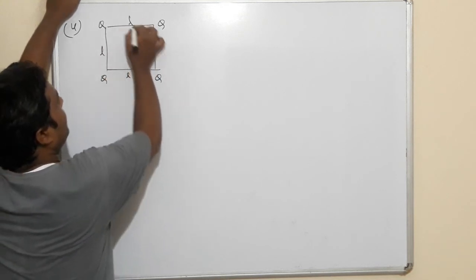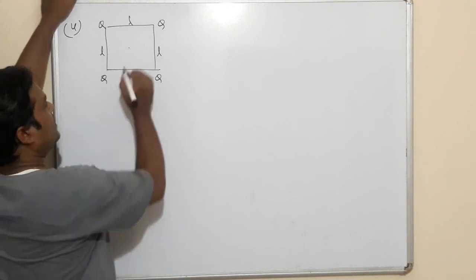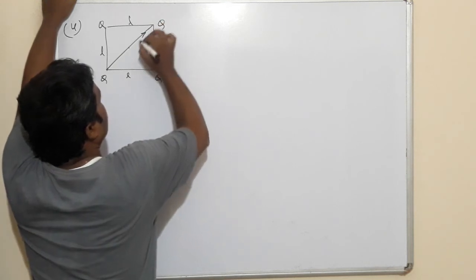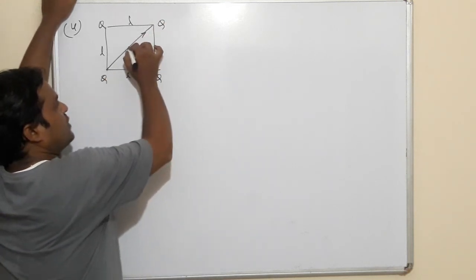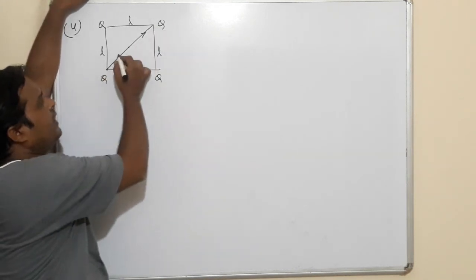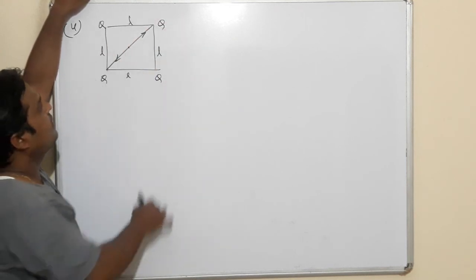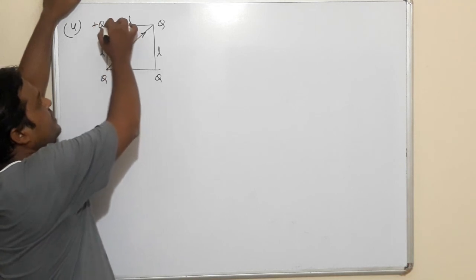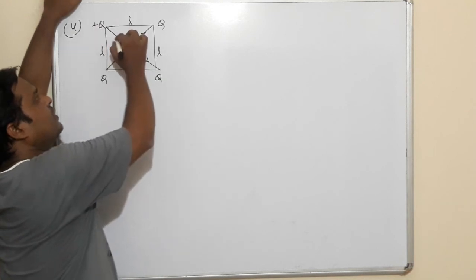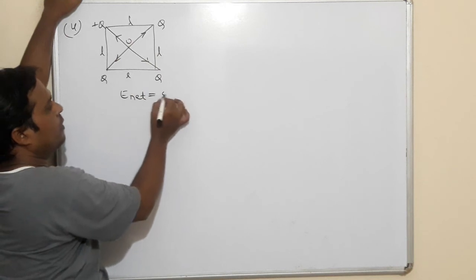This is L, this is L, this is L, this is L. At the center, if I want to calculate the net field, the field due to this charge will be in this direction, away from the charge. The field due to this charge will be away like this. That means the electric field due to these charges will cancel each other. The field due to this positive charge will be away like this, and the field due to this positive charge will be away like this. Then E net at the center will be equal to 0.